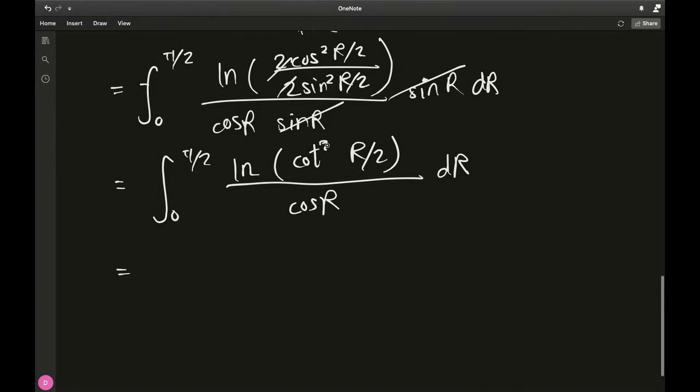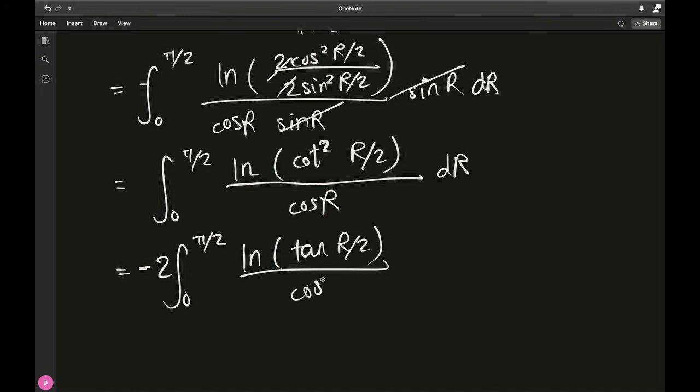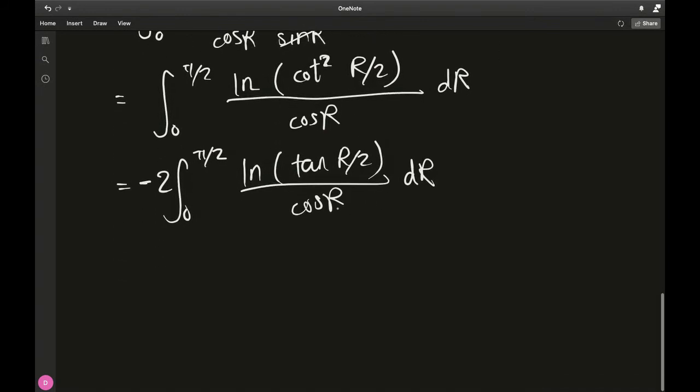I would actually like to bring the power down from the cosine squared. Using log properties, we have the power down, 2. And taking a negative, I would like to take the reciprocal of the cotangent, which is the tangent of R over 2, divided by cosine R dr. And notice we have a half angle here and a full angle here.